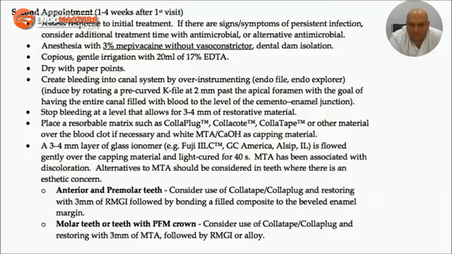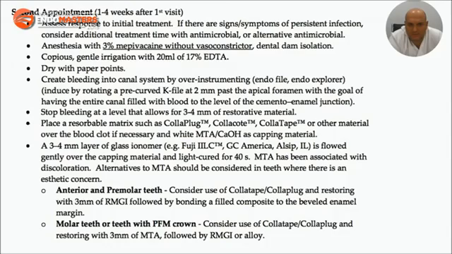At the second appointment, 1 to 4 weeks after the first visit, anesthesia should be administered with 3% mepivacaine without vasoconstrictor in order to be able to induce bleeding. Copious gentle irrigation with 20 ml of 17% EDTA for dentin conditioning, and let some dentin-derived growth factors be exposed.